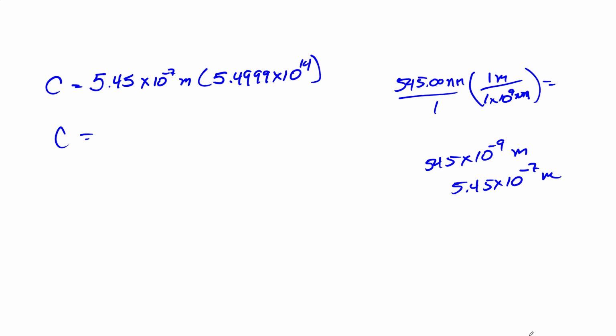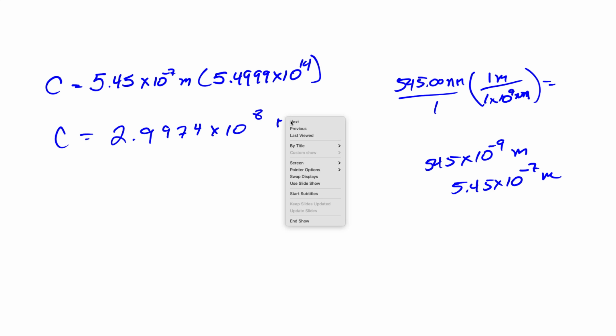This time we're multiplying 5.45 times 10 to the minus 7th times 5.4999 times 10 to the 14th. And we have 2.9974 times 10 to the 8th meters per second.